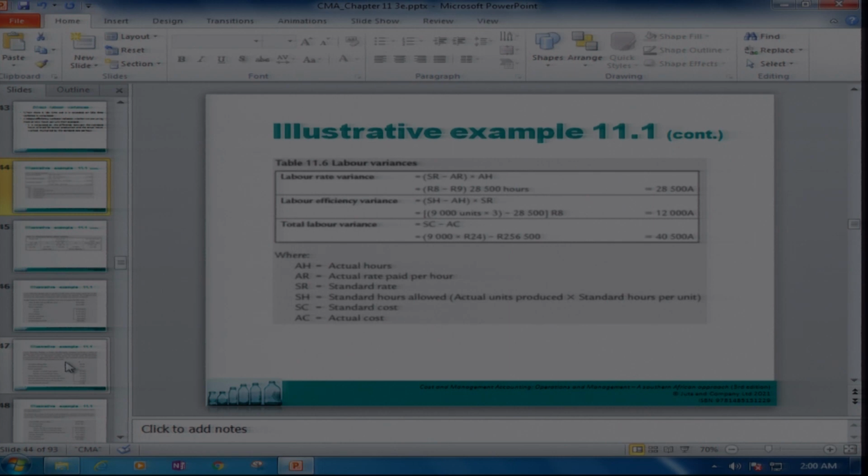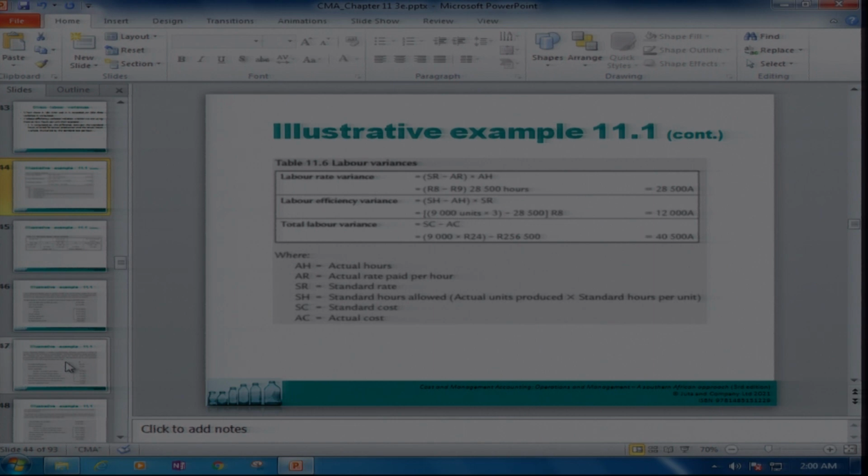With the labor efficiency variance, it is the standard hours minus actual hours multiplied by the standard rate. So the standard hours, again, will be the time that was supposed to be used based on the budgeted information to manufacture what was actually manufactured. The actual hours will be the actual hours that we have spent in production, and SR is the standard rate.